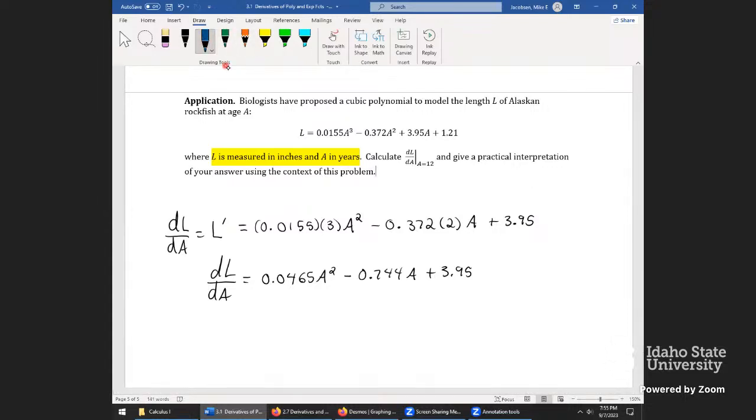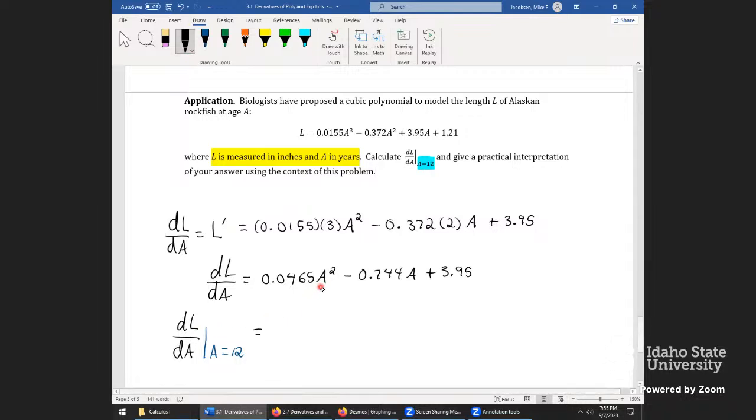Okay, so now next we're going to evaluate right at this value. A is 12. So the derivative of the length of the rockfish with respect to the age of that rockfish, evaluated at 12 years old, comes out in this way. Again, this is just a fancy way to indicate a function evaluation.